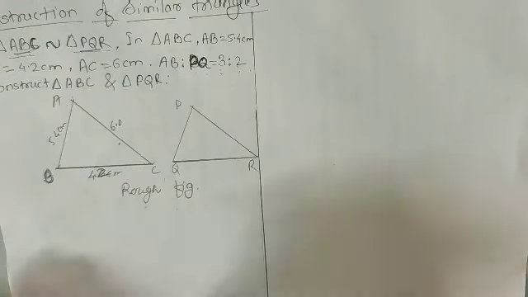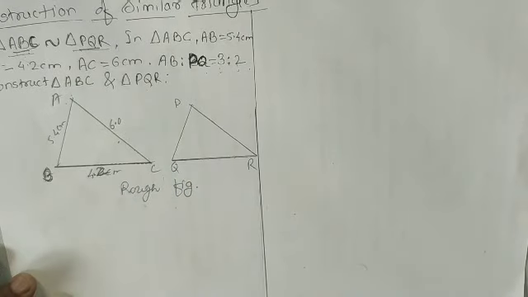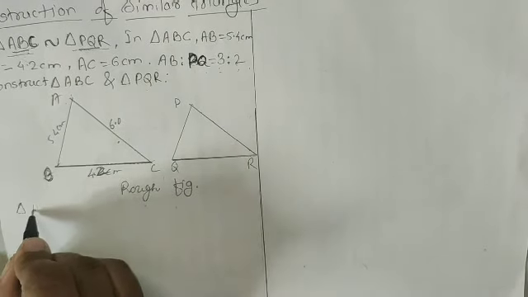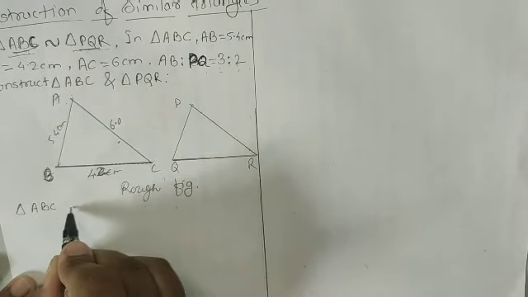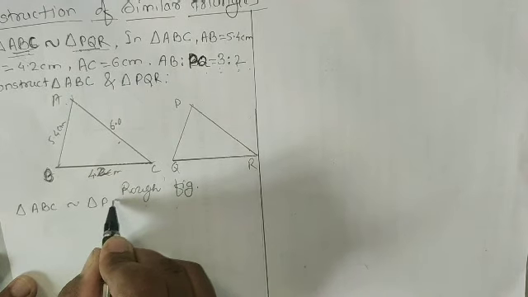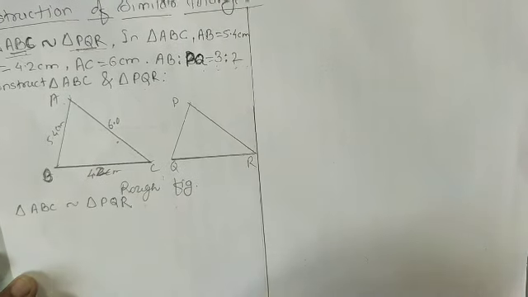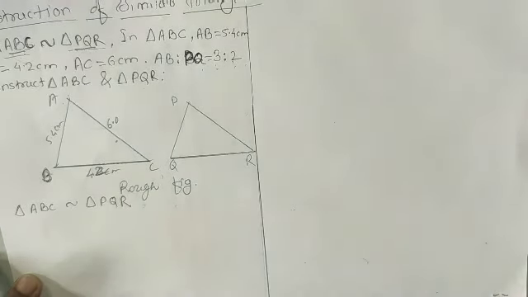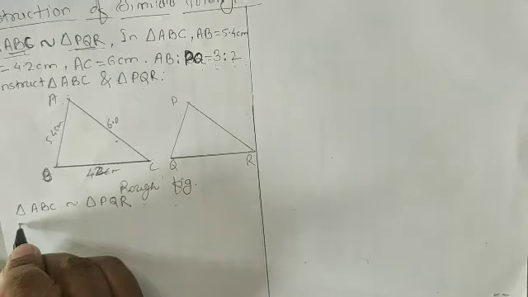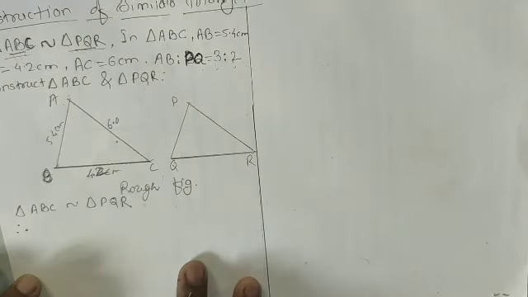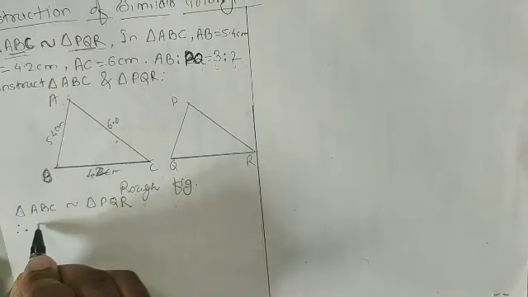And as we know, triangle ABC is similar to triangle PQR. Yes, they are similar to each other. If they are similar to each other, therefore their corresponding sides are in proportion.